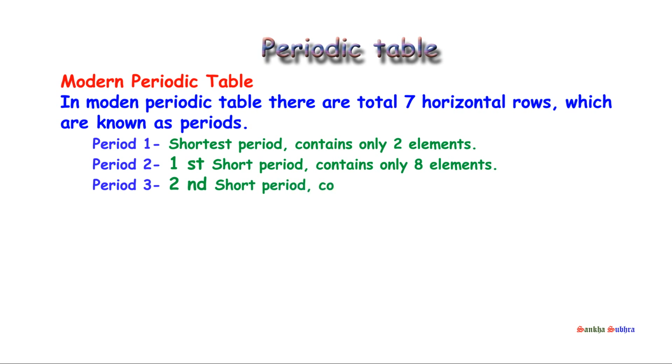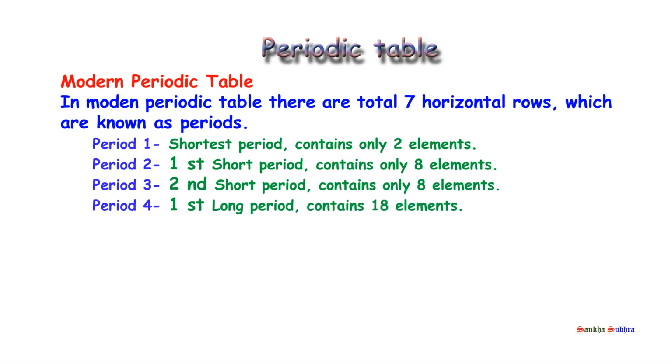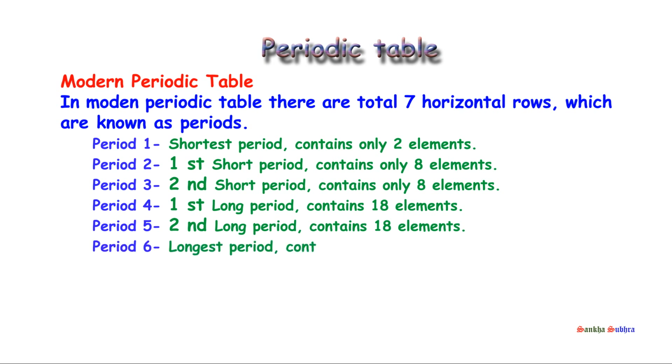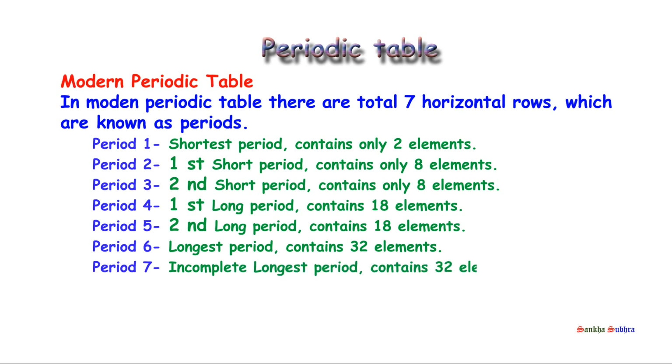Period 3, the second short period, contains only 8 elements. Period 4, the first long period, contains 18 elements. Period 5, the second long period, contains 18 elements. Period 6, the longest period, contains 32 elements. Period 7 is known as the incomplete longest period. It may contain 32 elements.